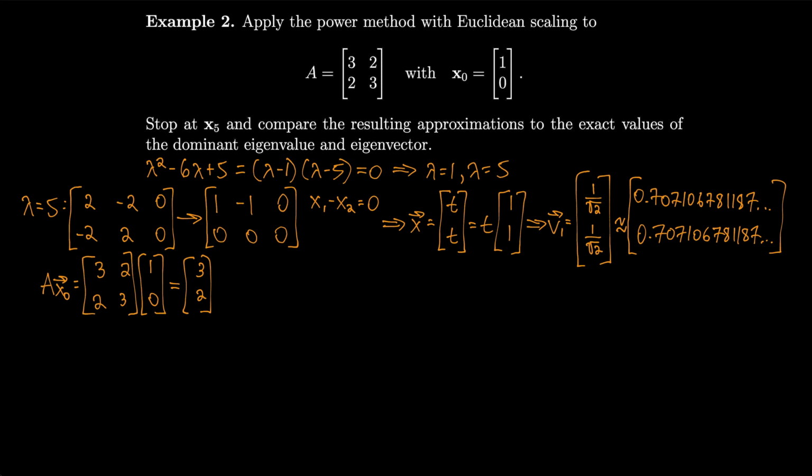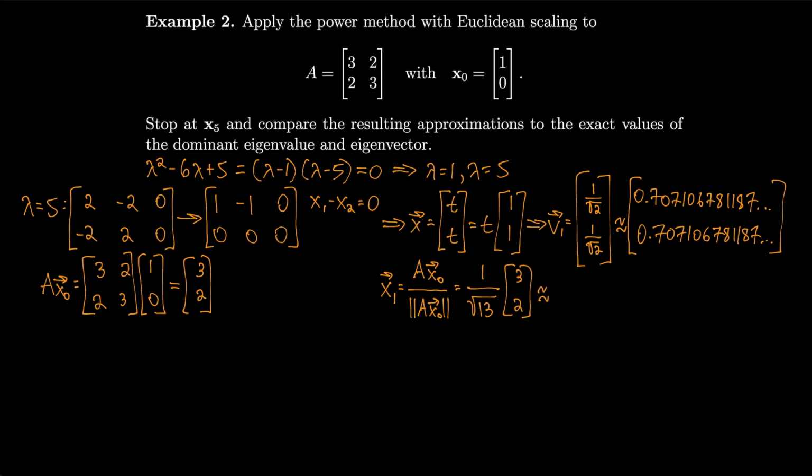So that means that x1 can be given by Ax0 divided by the length of Ax0. So that's 1 over the square root of 13 for the length, times Ax0, which is (3, 2) as we computed.